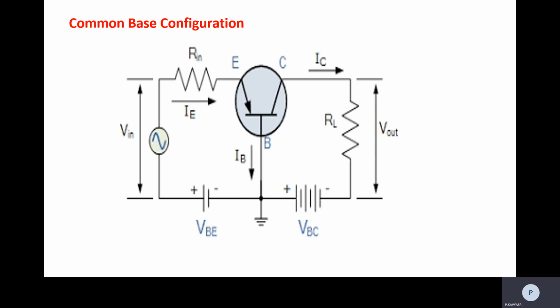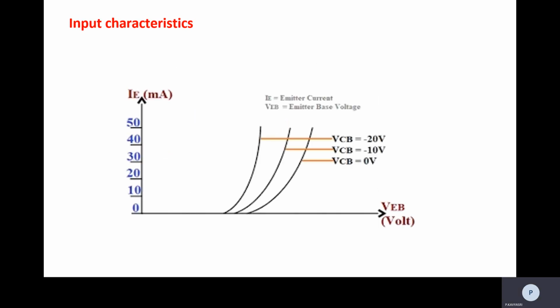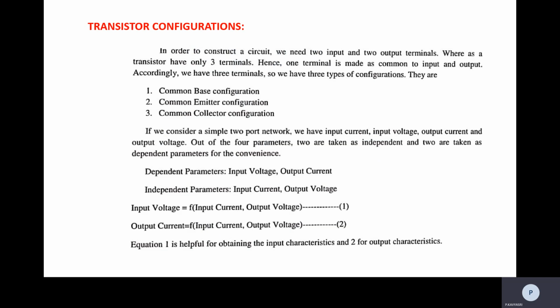Now we will see the input characteristics and the output characteristics of a CB configuration. In any configuration, we have to remember two equations. Observe these equations. Input voltage is a function of input current and output voltage.